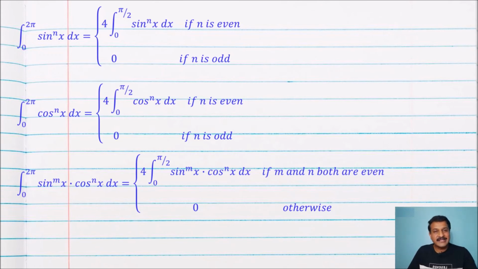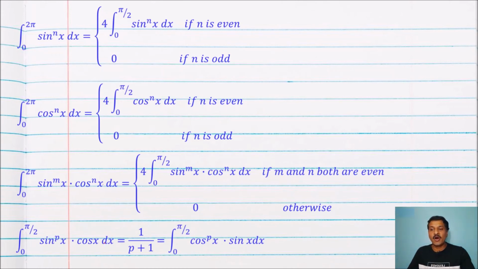And one more additional thing: integration 0 to pi by 2 sin x raised to p into cos x dx, or the same thing, integration 0 to pi by 2 cos x raised to p into sin x dx. If we consider sine and cos, the power of one should be 1, and for the remaining power, I get 1 upon that power plus 1.